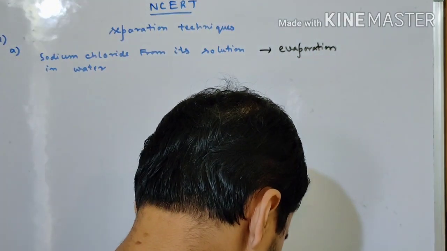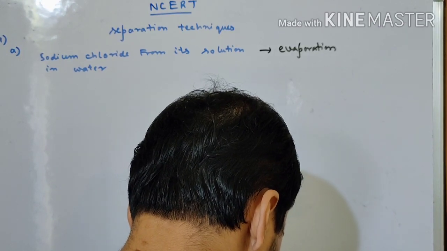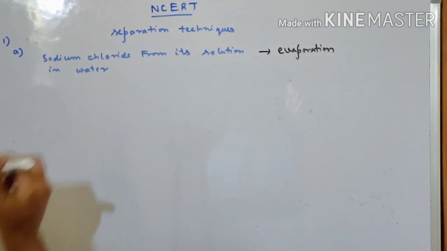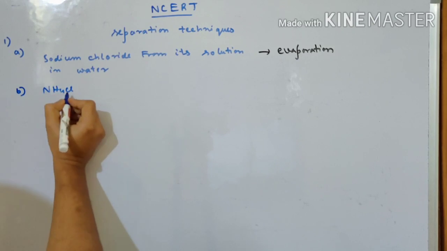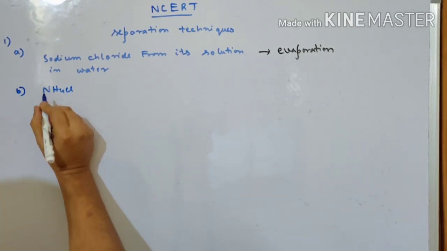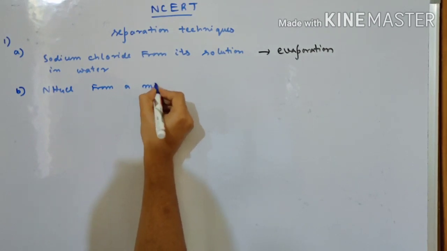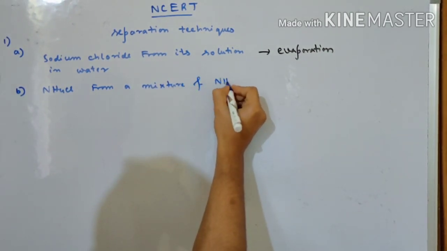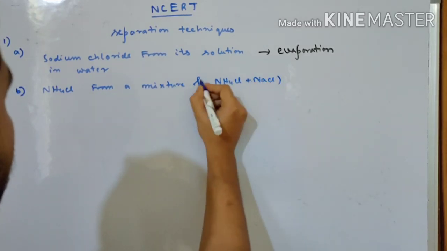The next one, let me write down the questions first. Then we will be solving the problems. The next one is ammonium chloride, NH4Cl, from a mixture containing NH4Cl plus NaCl.